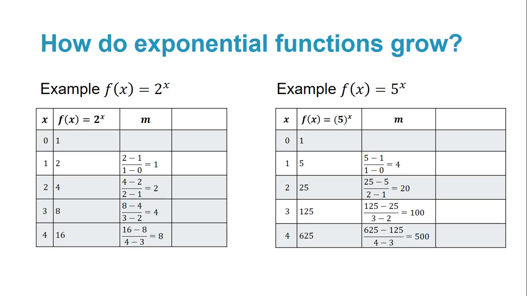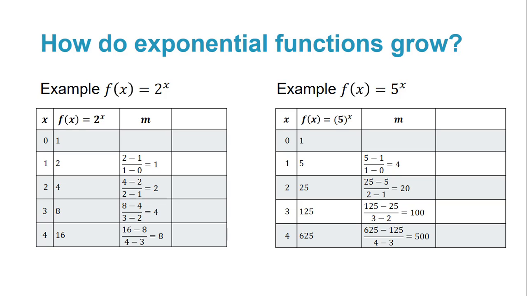For (1, 2) and (2, 4), the slope is 4 minus 2 divided by 2 minus 1, which is 2. For (2, 4) and (3, 8), it is 8 minus 4 divided by 3 minus 2, which is 4. And lastly, between (3, 8) and (4, 16), the slope is 16 minus 8 divided by 4 minus 3, which is 8.